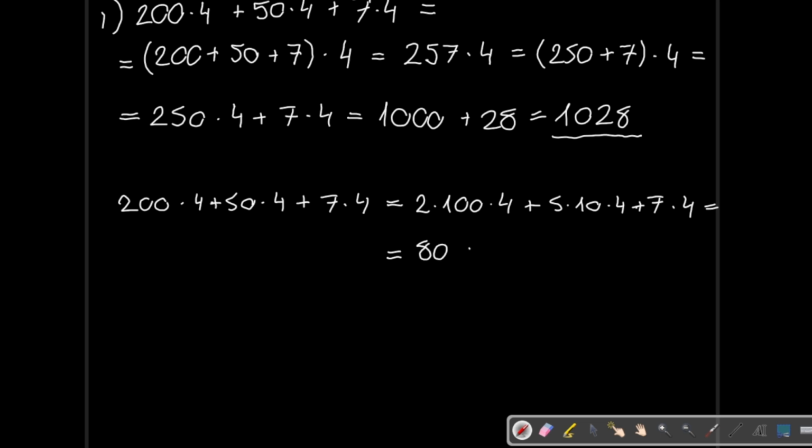And then 2 more zeros. Plus 4 times 5 is 20. And 1 more zero from the 10. And 7 times 4 is 28. And after adding these 3 numbers together, we get 1028 again. So we must get the same number, and so the distribution works anyways.